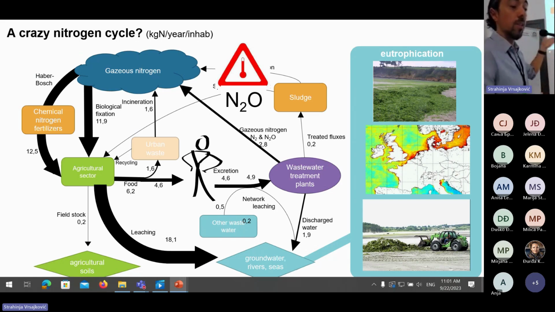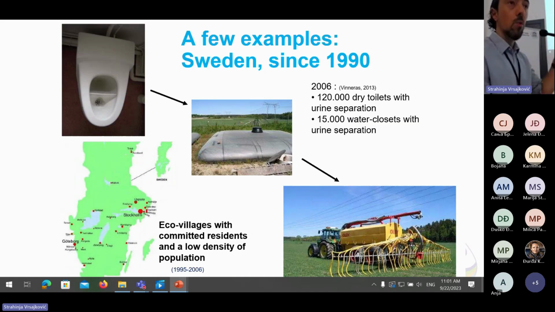So this is why it's not a cycle anymore. It's going mostly through a linear process, and nitrogen is lost into the rivers. So the aim of the project is to get more recycling of nutrients.